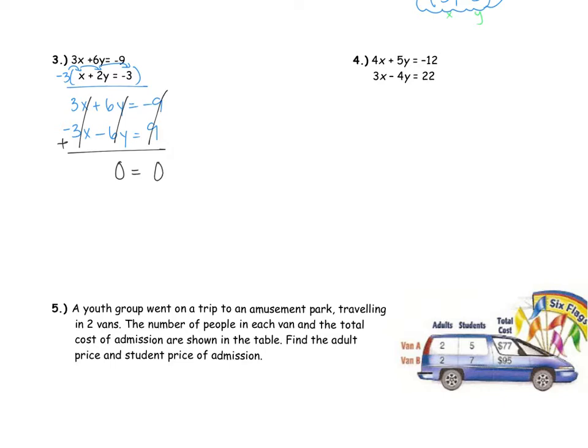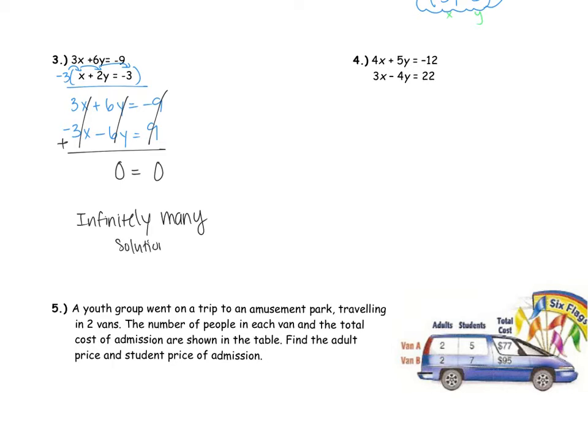We've learned that anytime you have everything cancel and you just end up with 0 equals 0, since both sides do equal each other, this is what we call infinitely many solutions, or infinite solutions.